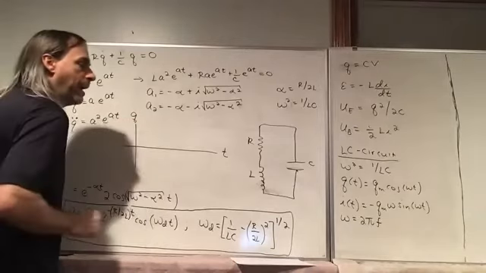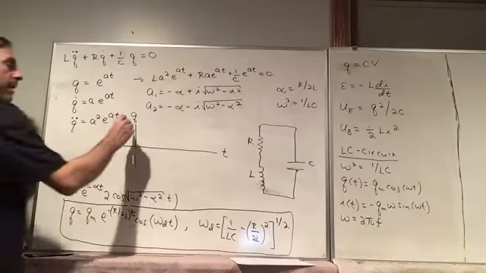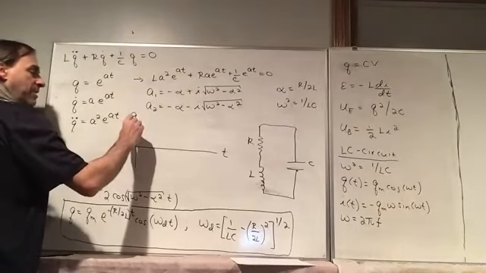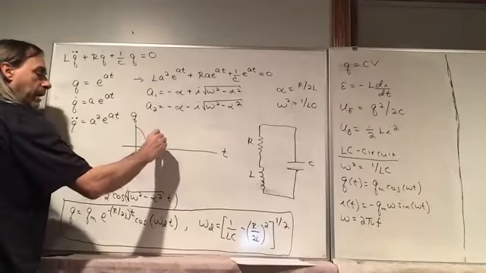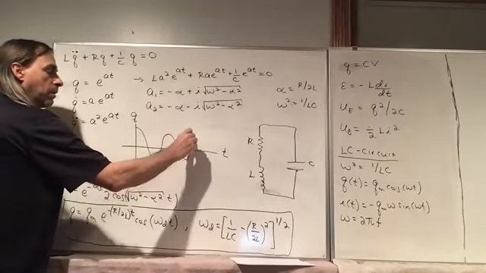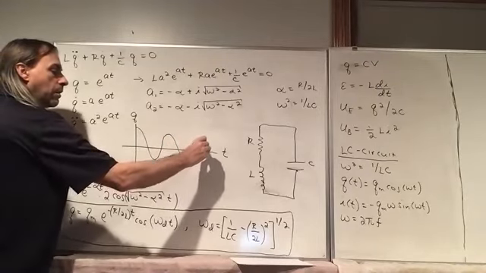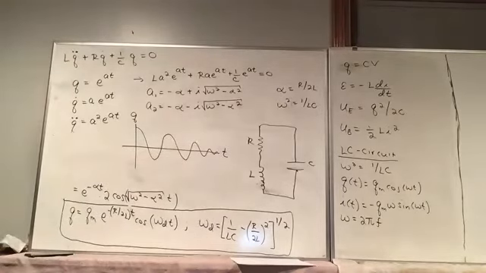I don't want to draw it yet, but what effect would we expect the resistance to have? Well, the amplitude should just decrease. So it should look like this if there's a resistance involved. So we start out with maximum charge.